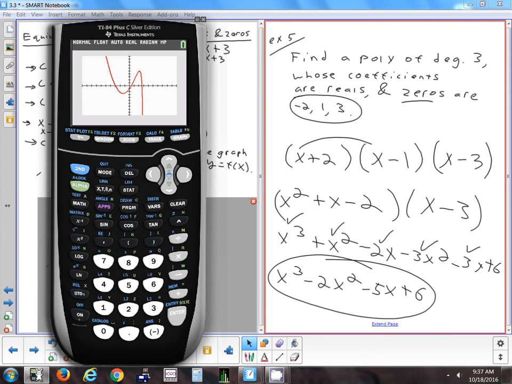If we did everything correct, it should cross the x-axis at negative 2, 1, and 3. If it doesn't, then we did something wrong. So we got x cubed minus 2x squared minus 5x plus 6.